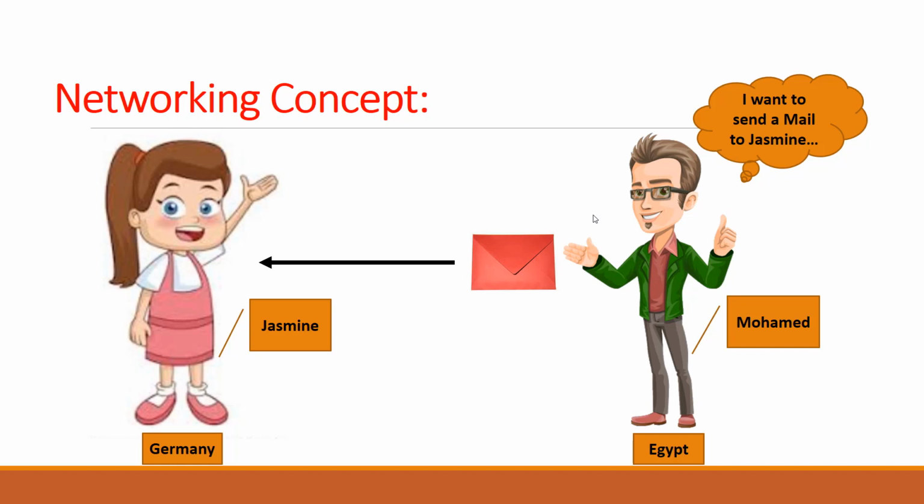So the process that the letter will take, from when Muhammad writes the letter until it is received by Jasmine, will give you a good example of how networking works. The main idea of computer networking came from something like that.